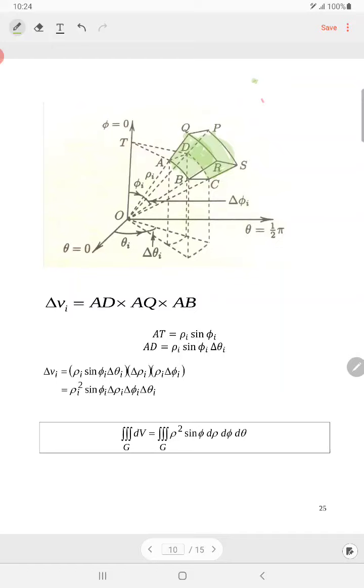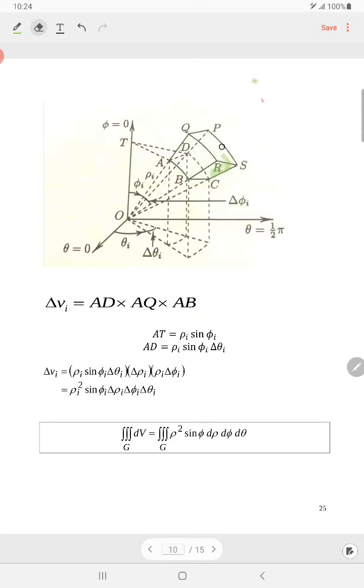So the spherical box is on two spheres, one smaller and the other larger, and it is also on the two vertical planes. We have ABRQ, that is on one plane, and another one is DCPS, that is on another vertical plane.